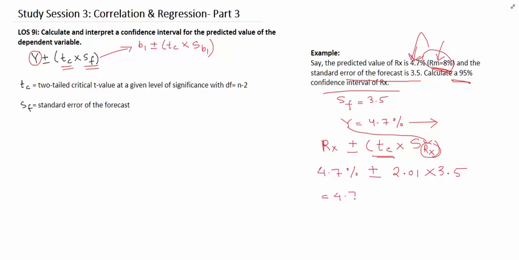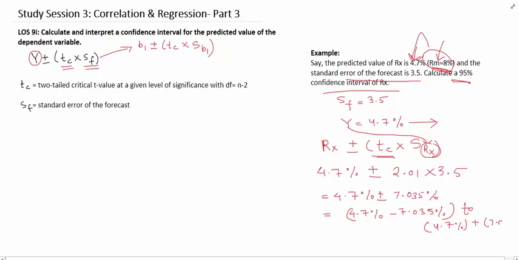So just solve it and you will get 7.035%, and you will get a range as 4.7% minus 7.035% to 4.7% plus 7.035%. If you work this out, you will get a range of minus 2.335% to 11.735%.